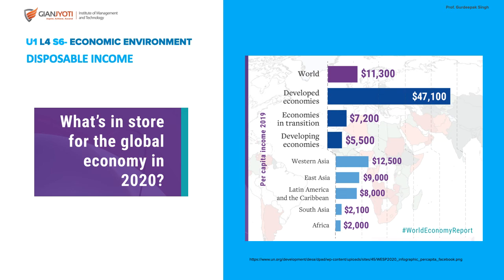Economies in transition include many countries moving from developing economies to developed economies. The developing economies are around 5,500. Among the continents, Africa has the lowest per capita income, at 2,000, which is far below the world per capita income of 11,300.